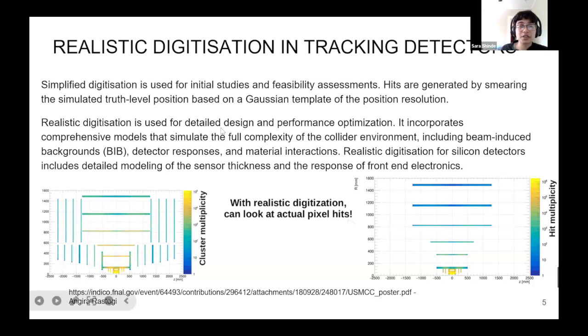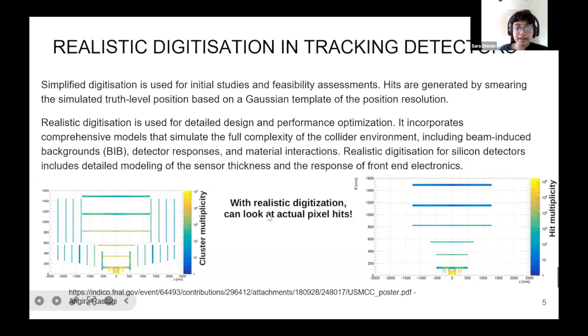Realistic digitization is used for detailed design and performance optimization. It incorporates comprehensive models that simulate the full complexity of the collider environment, including beam-induced backgrounds, detector responses, and material interactions. Realistic digitization for silicon detectors includes detailed modeling of sensor thickness and the response of front-end electronics.